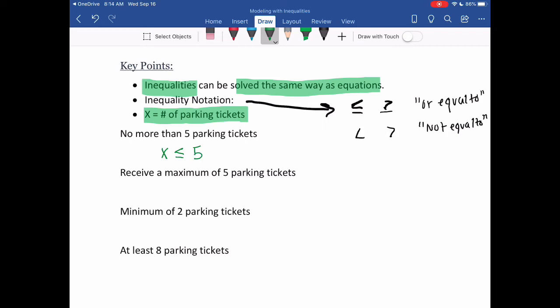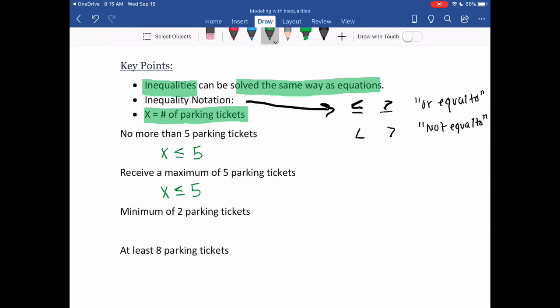Now let's take a look at the second phrase. Ms. Ford can receive a maximum of 5 parking tickets before they tow her car. That's the same thing. 5 is my max, my upper boundary. So I would write x less than or equal to 5.